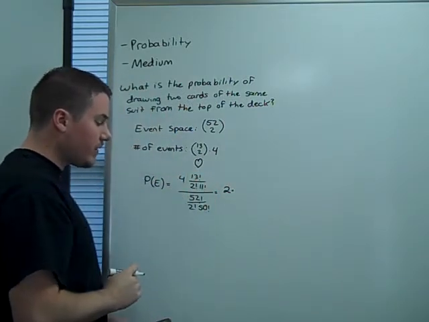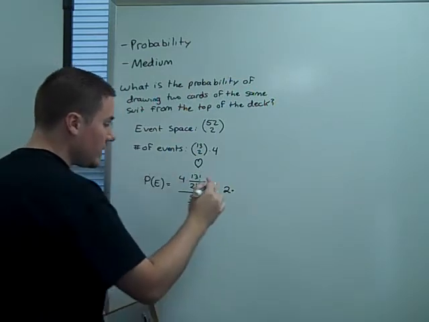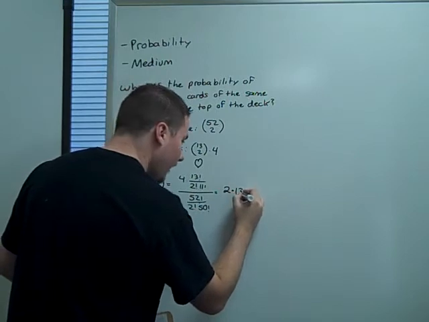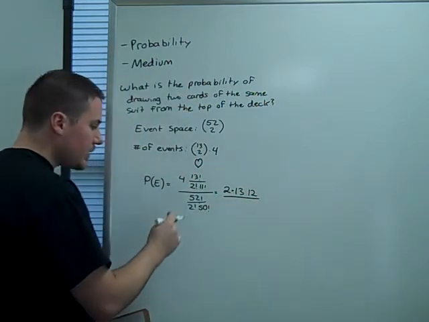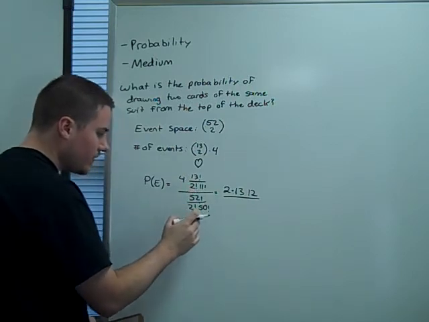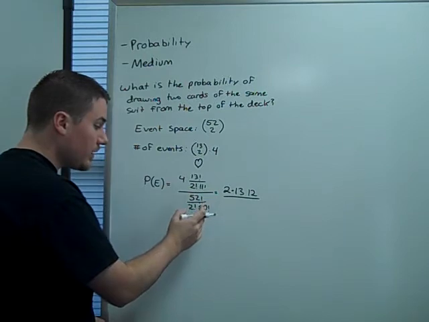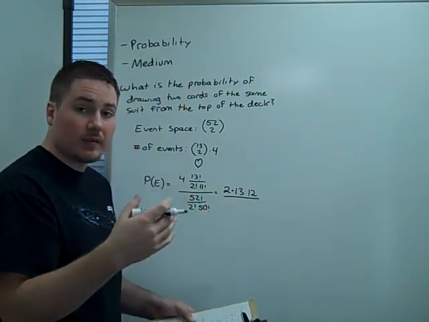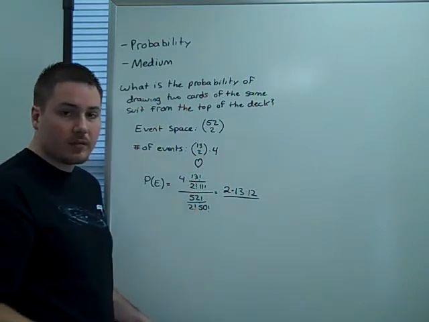13 factorial over 11 factorial, we should be pretty good at this at this point, is equal to 13 times 12. When we divide this by 52 factorial over 50 factorial divided by 2 factorial. Now 52 factorial divided by 50 factorial is 52 times 51. 52 is even, so we know that divides by 2.